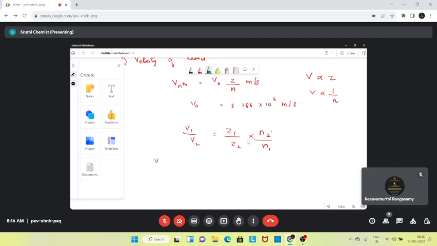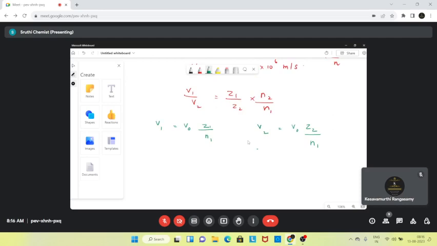Let's take V1 as V naught Z1 divided by N1, and V2 as V naught Z2 divided by N2. I'm dividing V1 by V2, so that is your ratio. V1 by V2 is equal to V naught Z1 divided by N1, divided by V naught Z2 divided by N2.